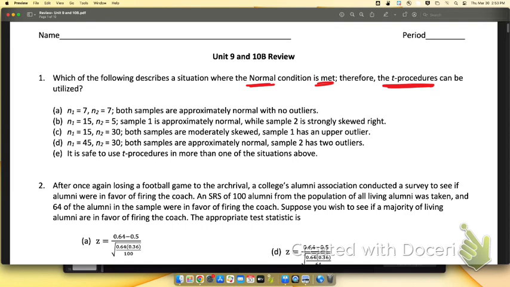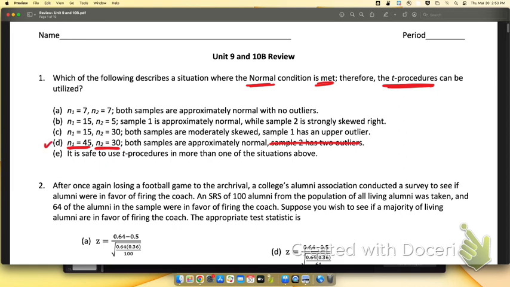So the reason I mention that is because if you look right here on D, both of the sample sizes are greater than 30. So the fact that sample 2 has 2 outliers doesn't really matter. Okay, so sample 2 having 2 outliers does not matter because my sample size was bigger than 30 for both of those graphs. So this one is okay.